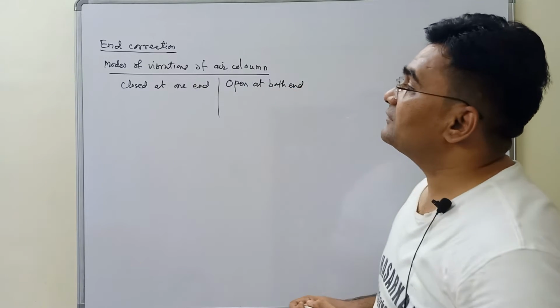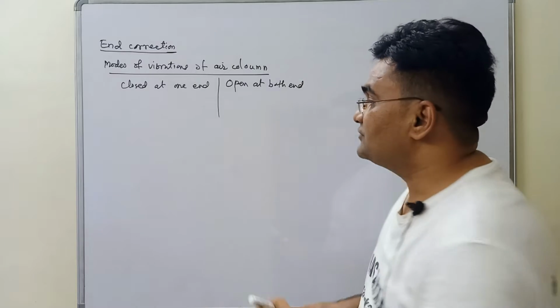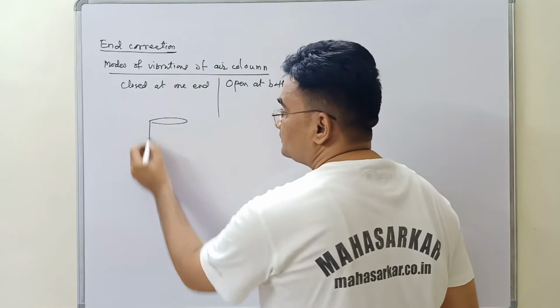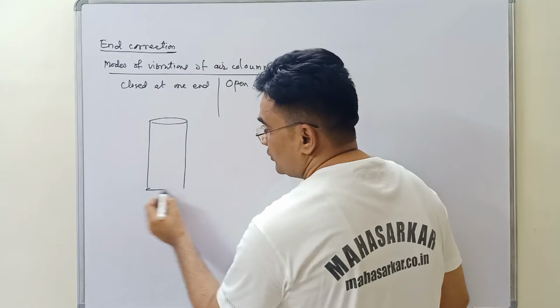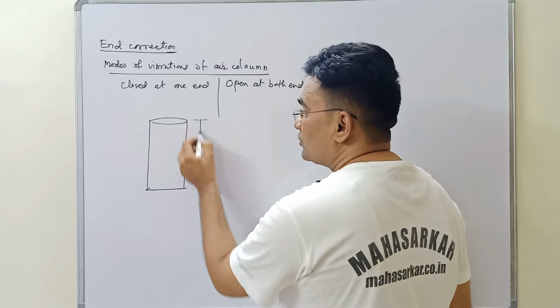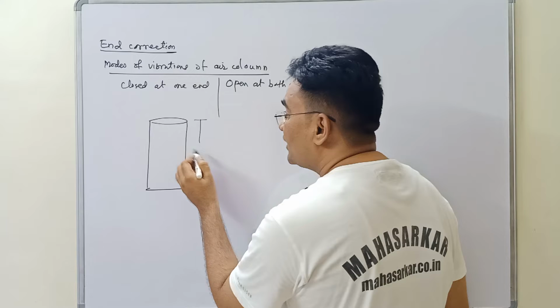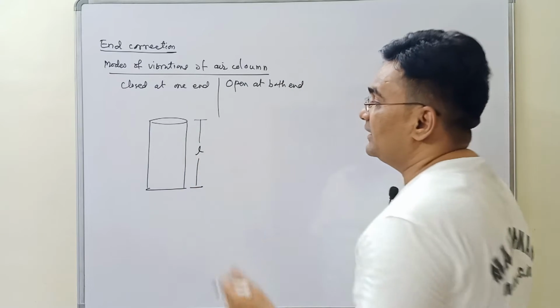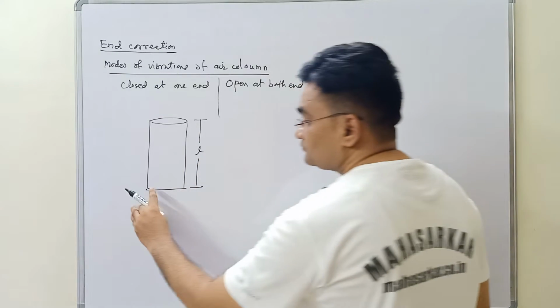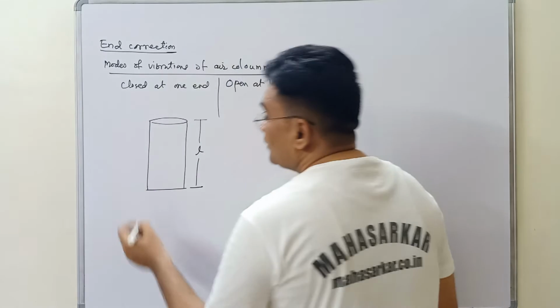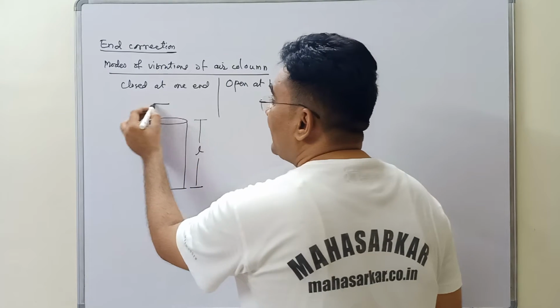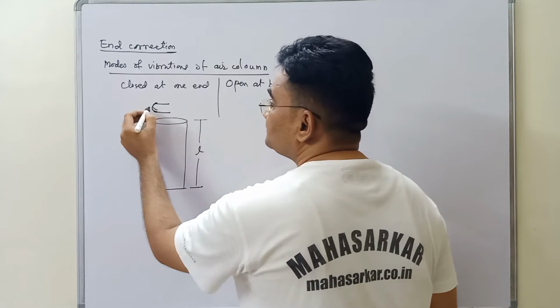When we deal with such conditions, suppose this is the pipe. Let it be open at one end only. L is the length of the pipe which we are going to actually measure. Let it be small l. Now, suppose I hold a vibrating tuning fork here.